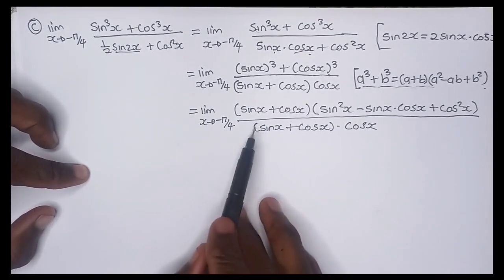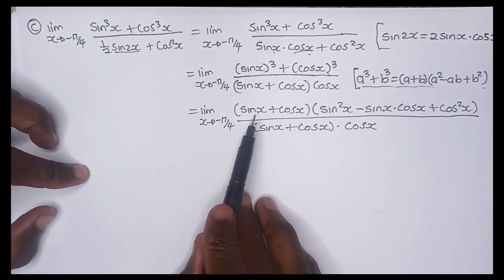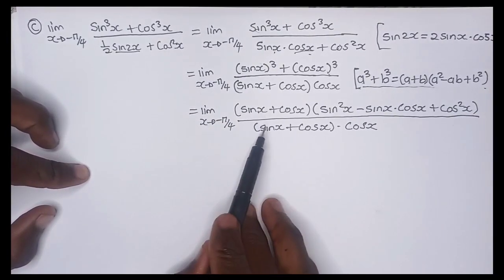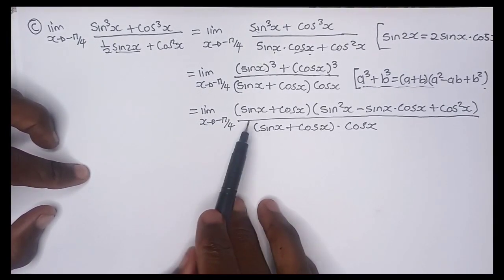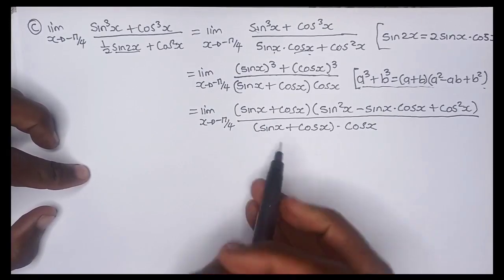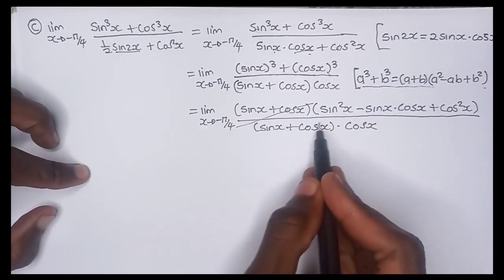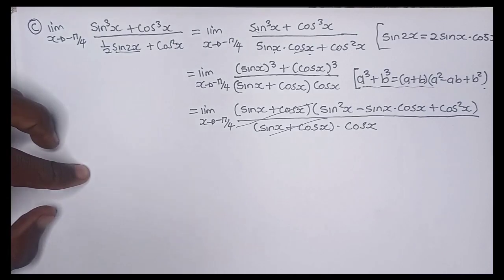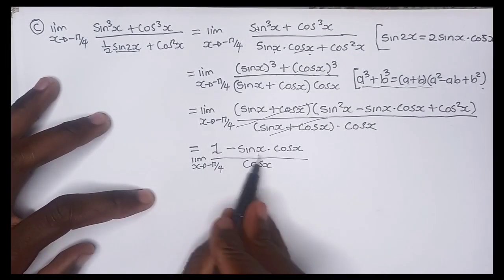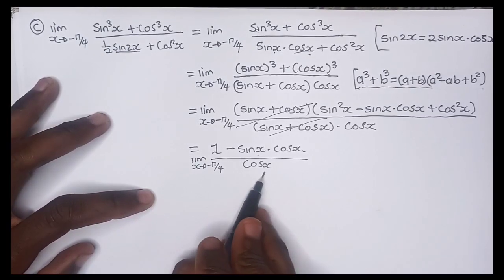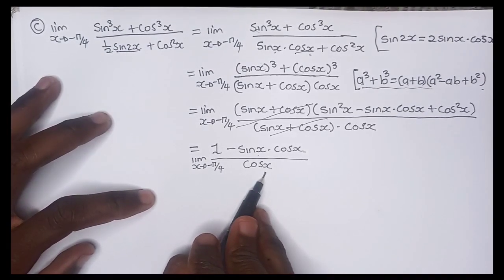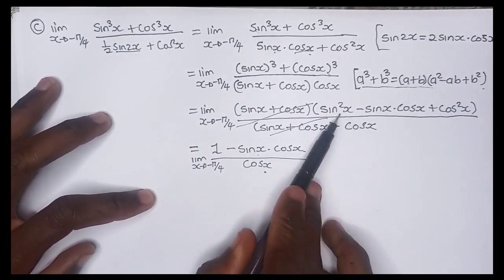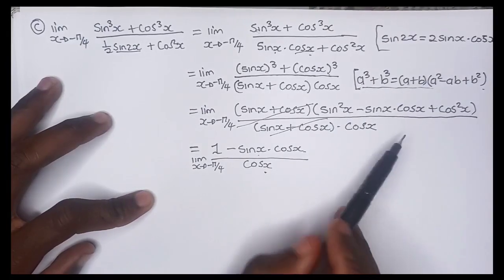And if you check now, I'm having the common factor in both the numerator and the denominator, which is sine x plus cos x, which must cancel out. And I'm left with 1 minus sine x cos x divided by cos x. And the question is, where did sine squared x and cos squared x go?